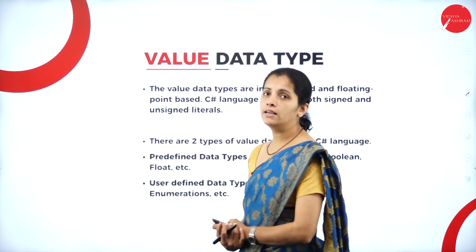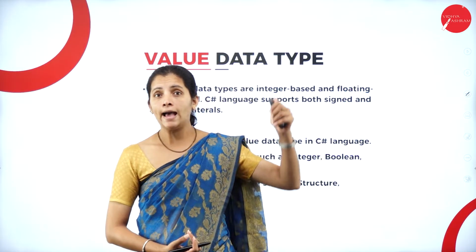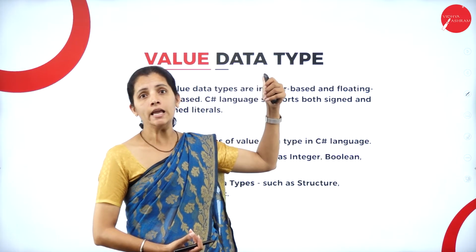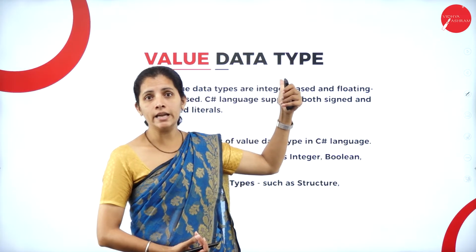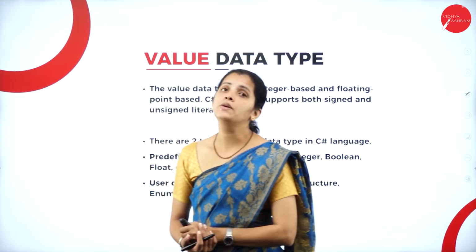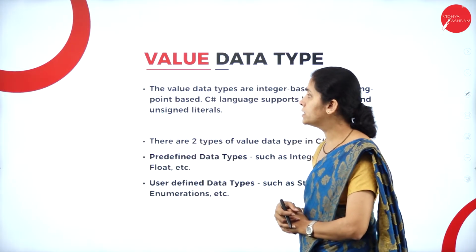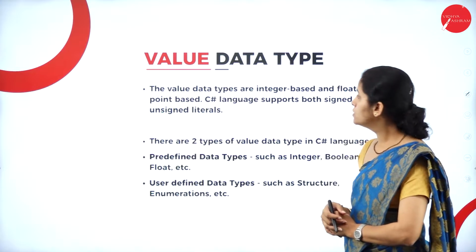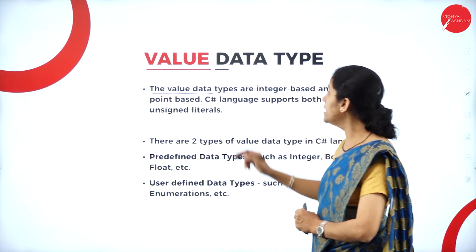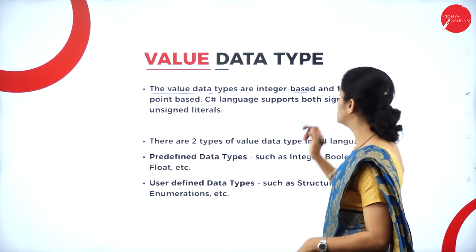So dear student, please remember here that as the topic name itself indicates, it is mainly going to deal with the values. So the value data types are integer based.